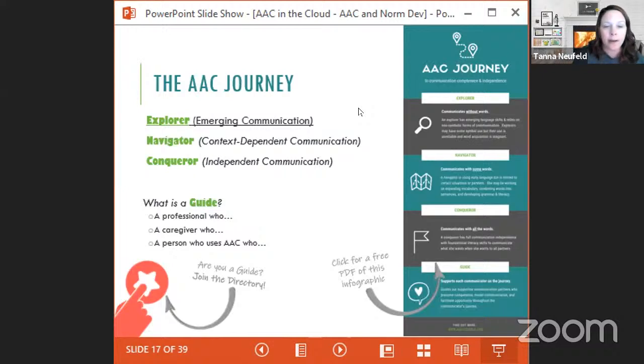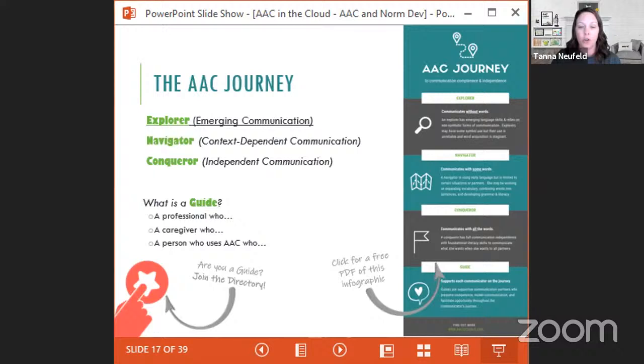So we talked a little bit about Dr. Patricia Dowden's CCI framework, and I've taken her framework with her permission and adapted it to be a little bit more caregiver friendly and to be focused on developmental populations. The CCI ranges all the way through the lifespan, and it's emerging communication, context-dependent communication, and independent communication.